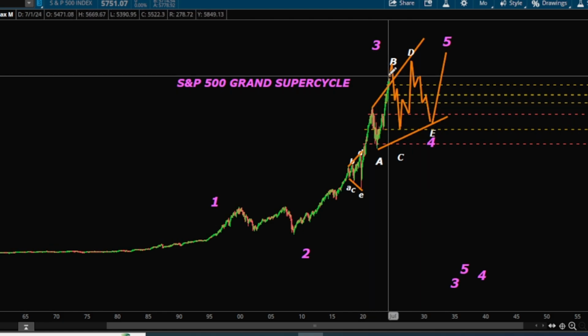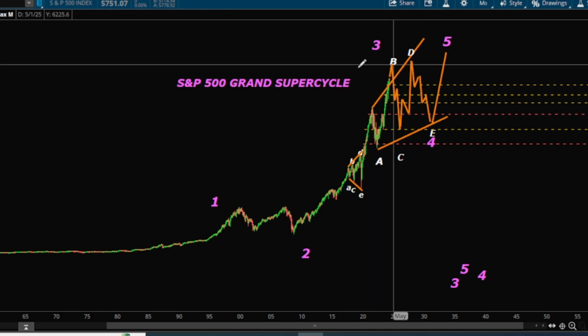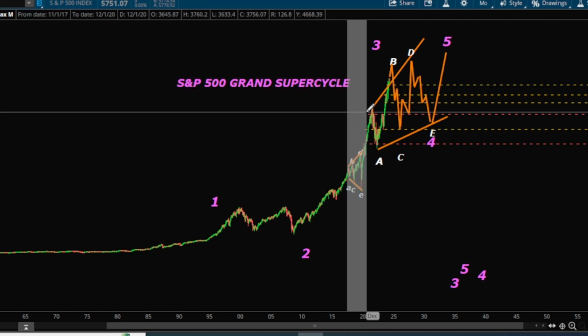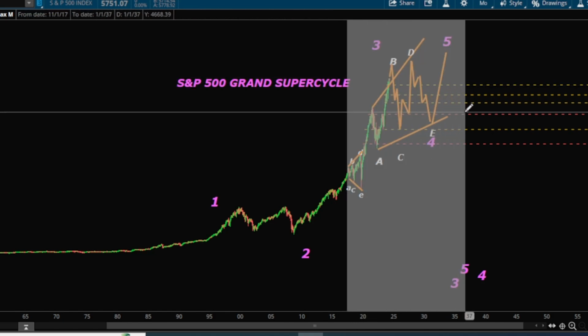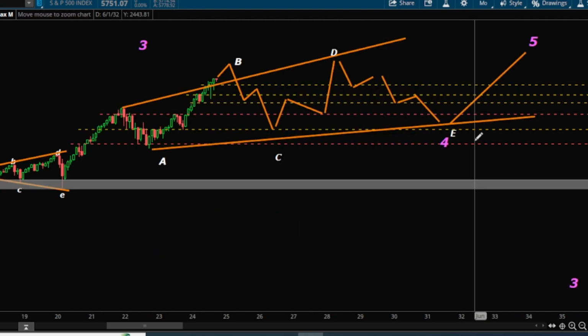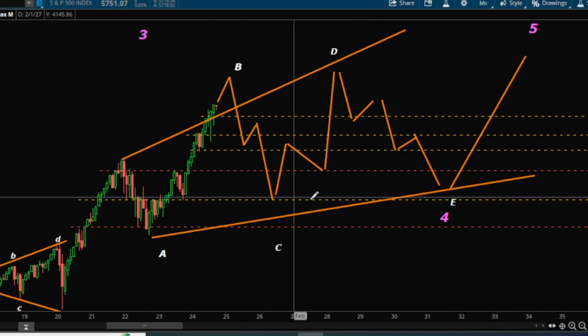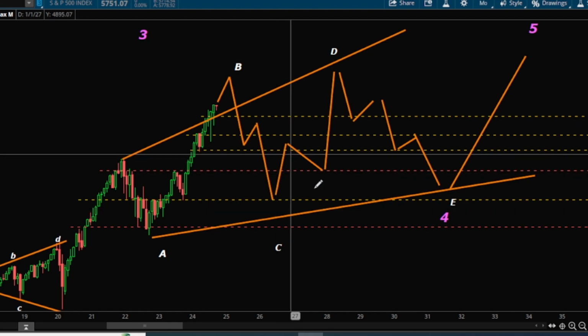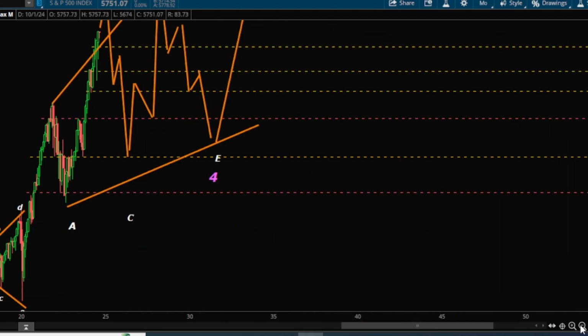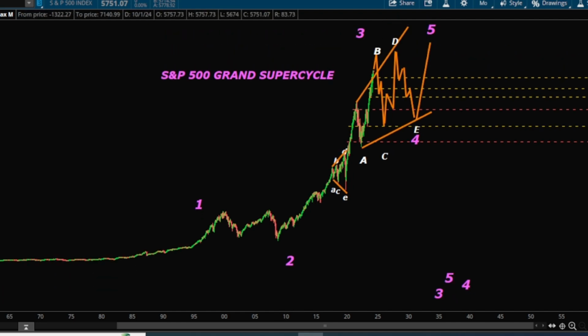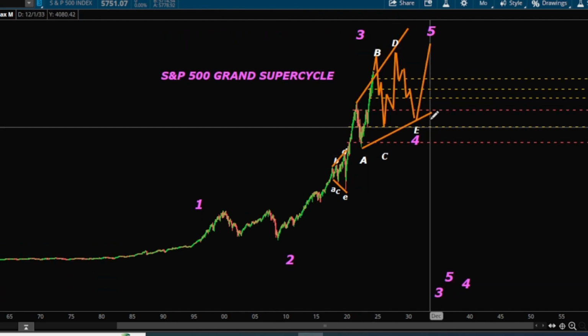So that's what I have been counting on a smaller time frame. A lot of my videos have been in 30-minute time frames, so you'll see a lot of predicted three moves. So that being said, this is what I have: 1, 2, 3. We're in a fourth, and when the fourth will be done, then we'll head up to a 5.